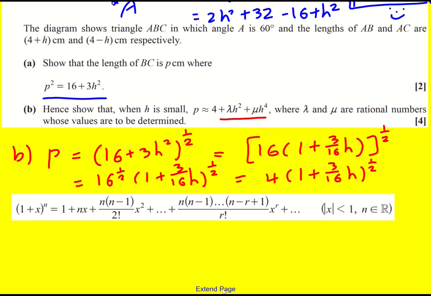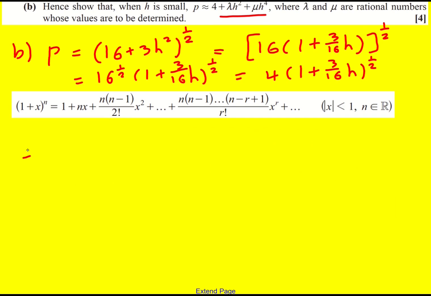Okay, I'm ready. I'm just going to keep the 4 there and then deal with the rest of it. So I've got my 1, and this becomes, wait, I lost a squared along the way. Sorry about that. Okay, I've regained it. That's going to be my x, and that's going to be my n, the half. So carefully do this.